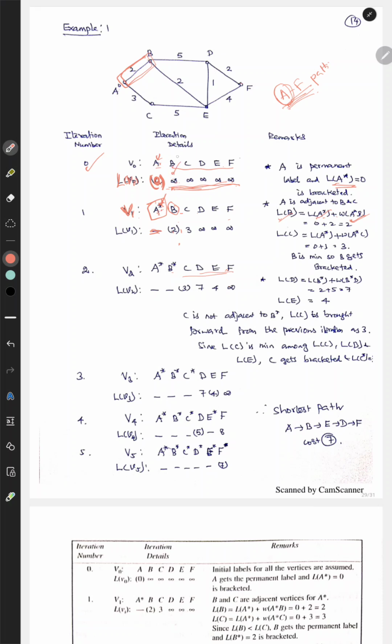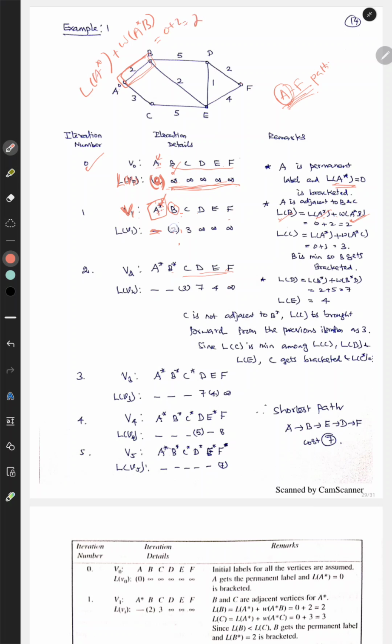Previously it was infinity. Now you have 0 plus 2, where 0 is the label of the removed vertex A, plus the weight of A and B. So this is nothing but 0 plus 2, which is 2, which is less than infinity.